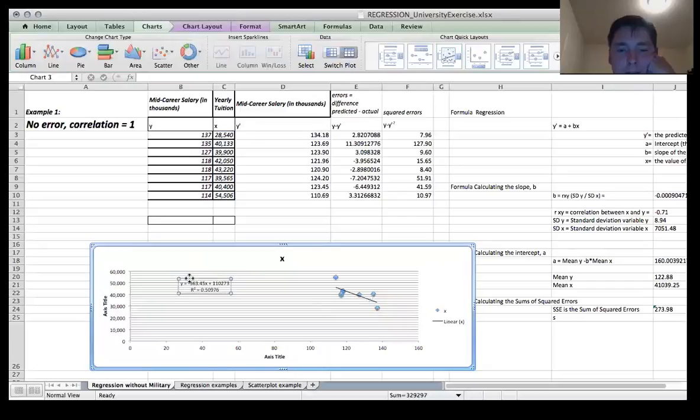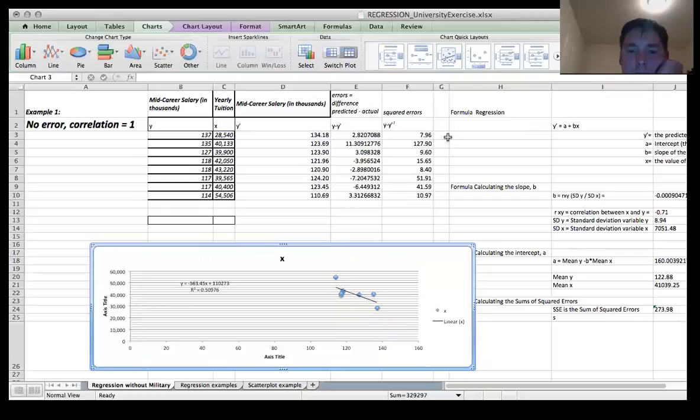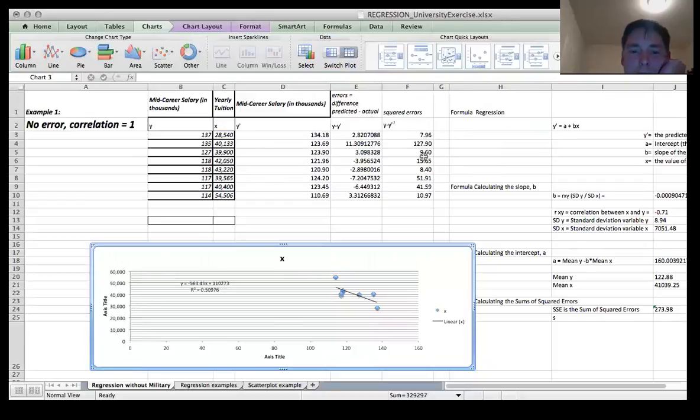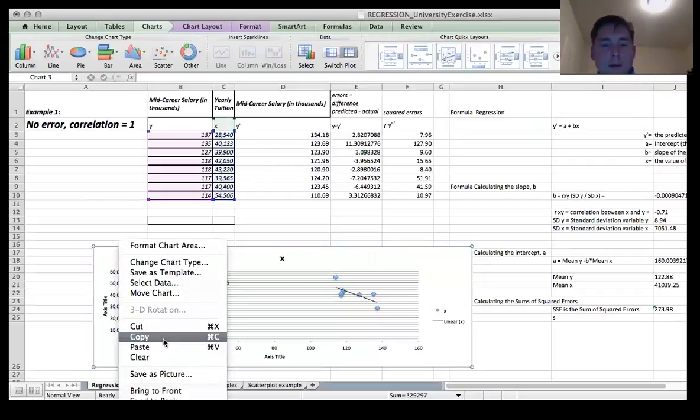All right, now it gives us this function, and you can see this is not quite the same as what we did. So let's see if we choose another option. We're going to put the income on the y-axis, and we're going to put the tuition on the x-axis.